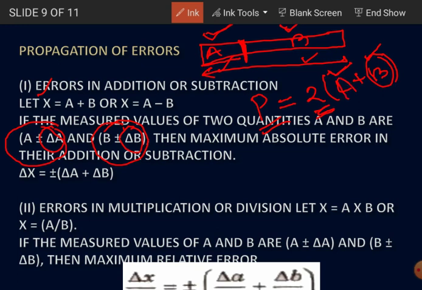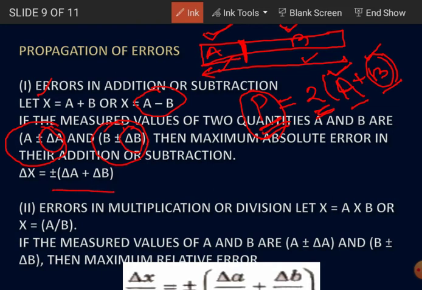The length we may call A. While measuring the perimeter, the error in the measurement of the perimeter will be equal to the sum of the errors in those two physical quantities. Got it? The same is the case for difference also. Whether it is difference or sum, the error will always be added up.